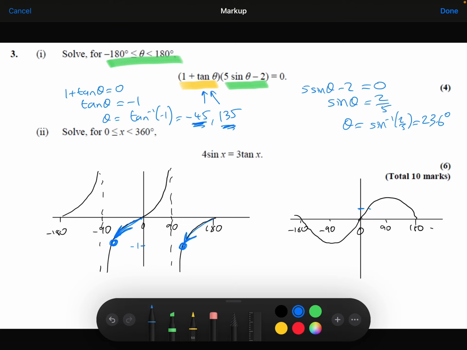It equals 2/5 here at 23.6, or here at 180 minus 23.6, which is 156.4. So these are the two solutions that make this bracket equal to 0. And therefore, these are my 4 solutions to part I.